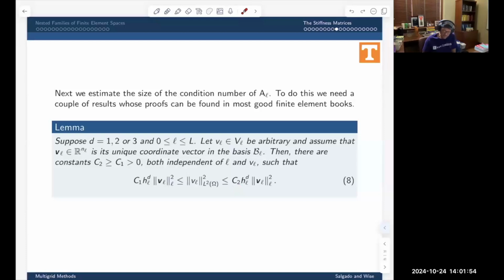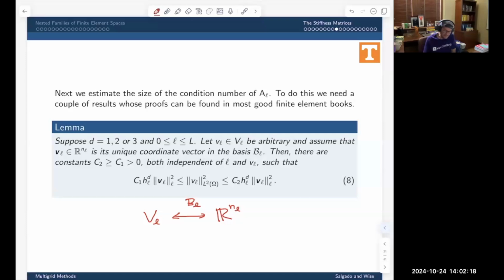So notice that VL is a finite dimensional space and RNL, so we can think about it like this. VL is connected to RNL. And it's connected via the basis representation of the basis VL.